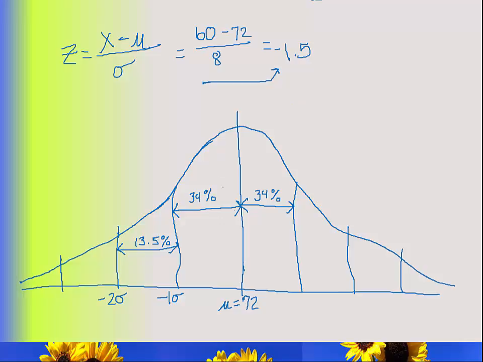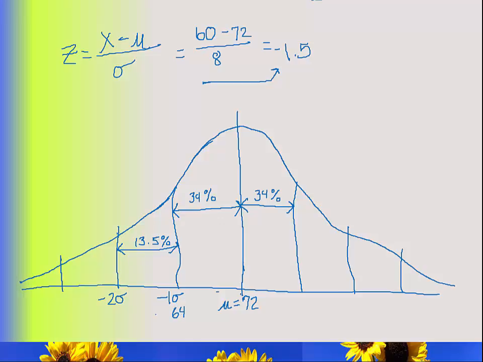Below here I have the normal distribution. We know that the mean for this sample is 72. So on average a person scores 72. And what we want to know is the chances that a person would score 60 or greater. If we drop back one standard deviation, we take 72 and subtract 8 from it, we get 64. So this negative 1 standard deviation has the numeric value of 64.